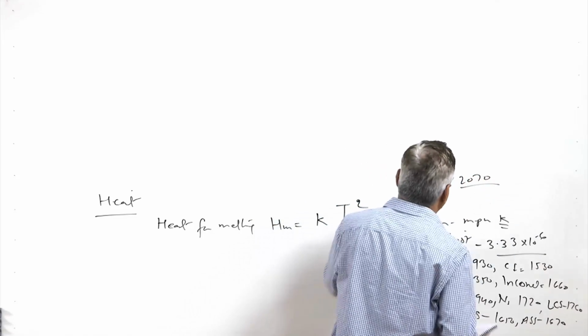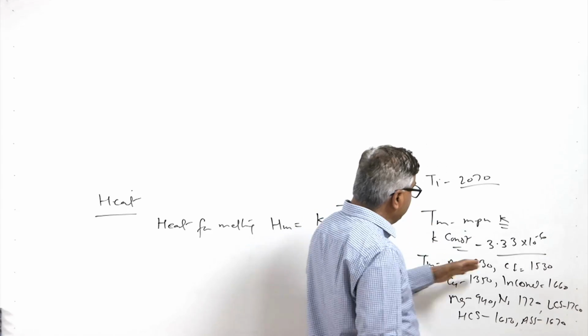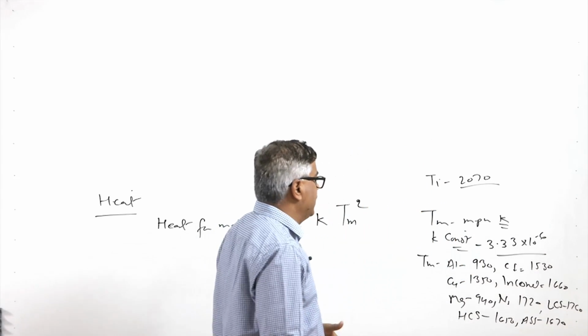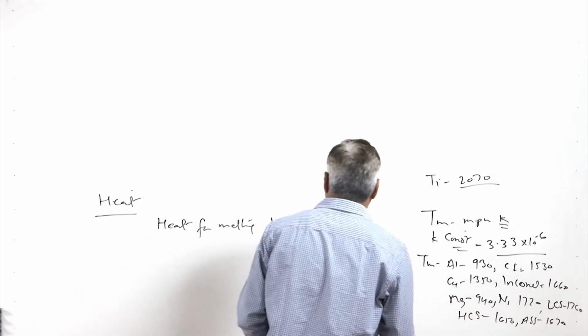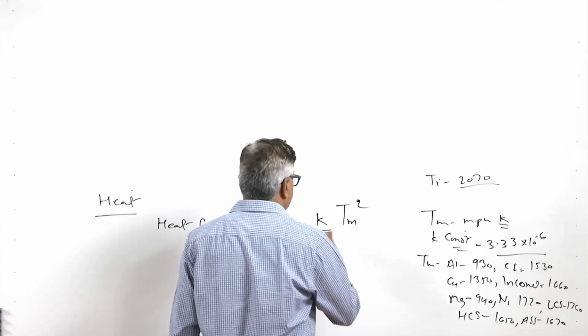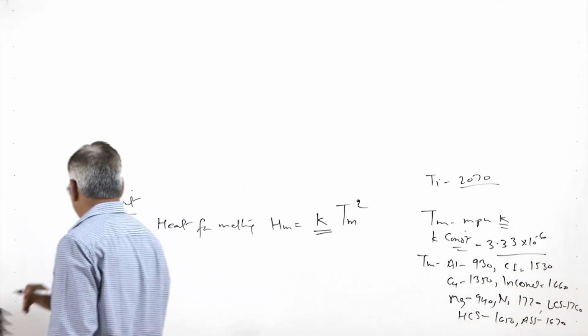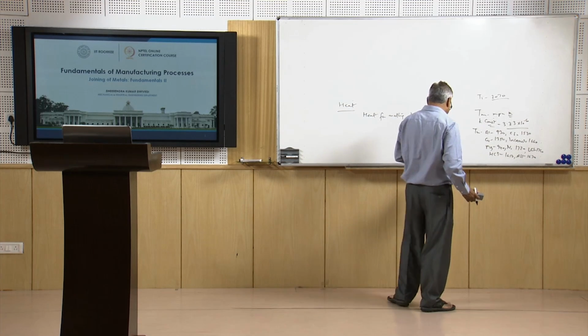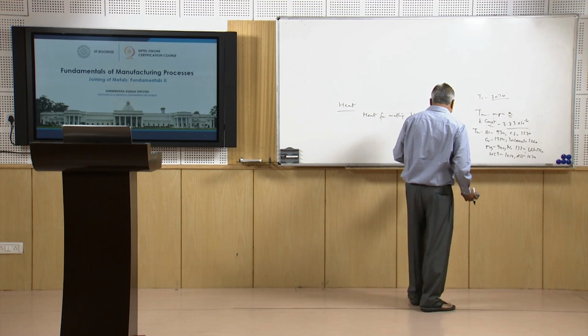So, these are the Tm values, the melting point temperatures in Kelvin scale for the different metal systems, and by multiplying we can identify the amount of heat that will be required for the melting purpose.